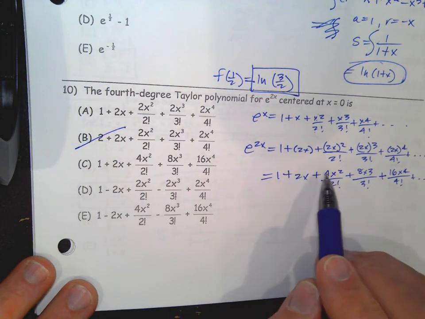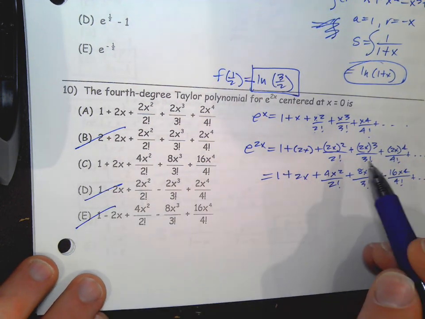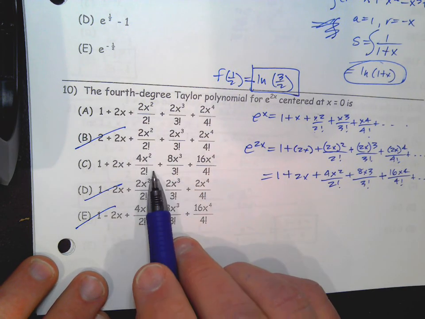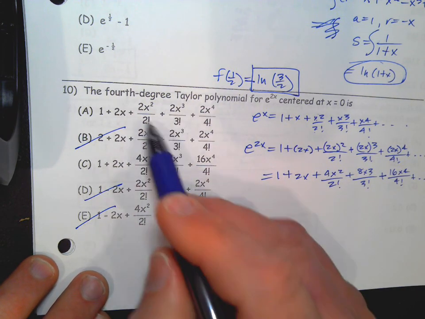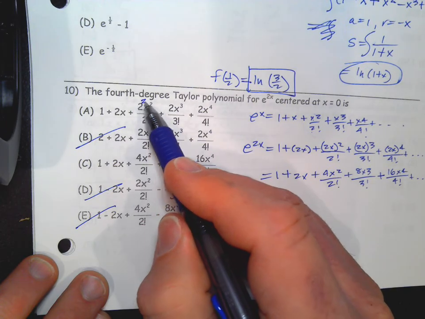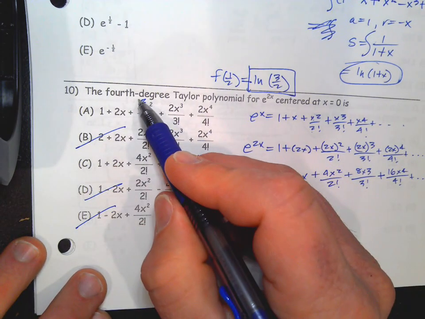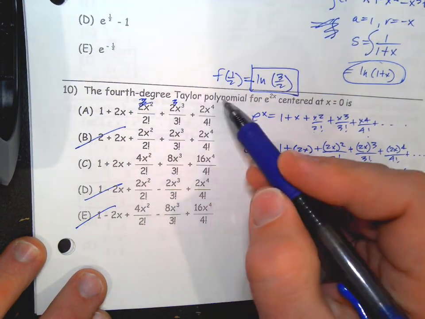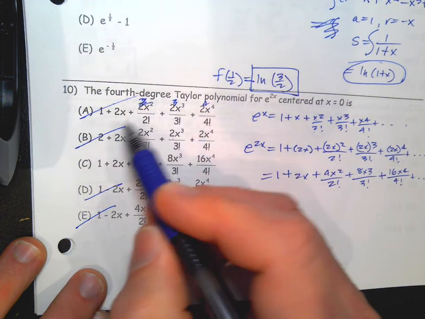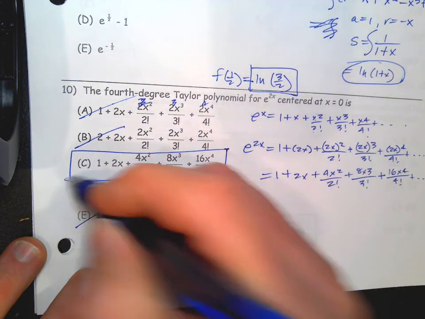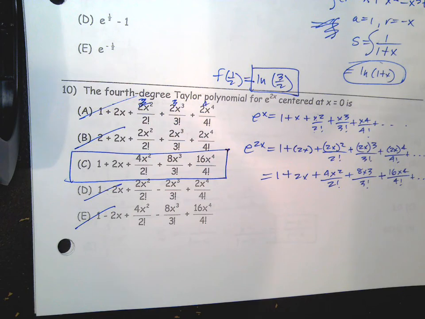It's got to be all plus. So the ones with minuses are out. So it's between these two. This one doesn't. The 2's are supposed to get the power. So this person didn't. So that one's out. Let's see. Okay. Next one.